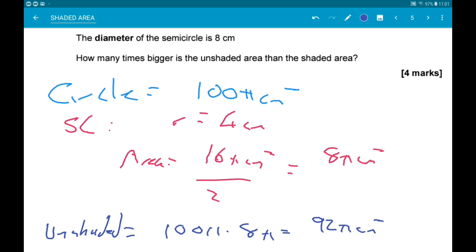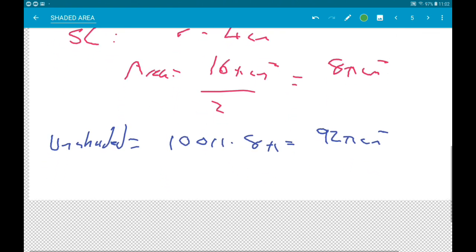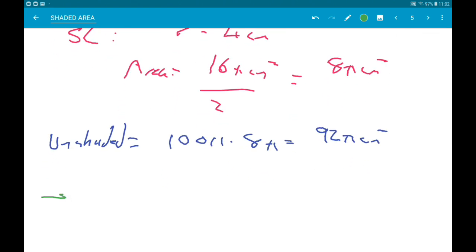Now, we want to know how many times bigger is that than the shaded region. So that is now a division. So we're now doing 92 pi divided by 8 pi. Pi's cancel, so it's 92 over 8.